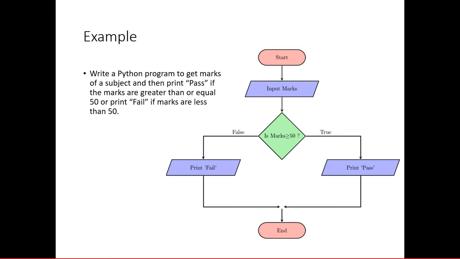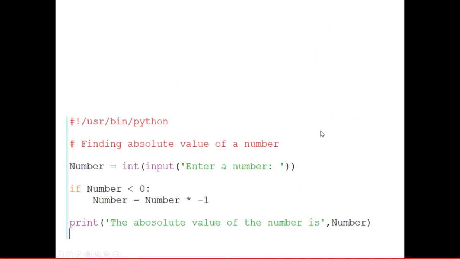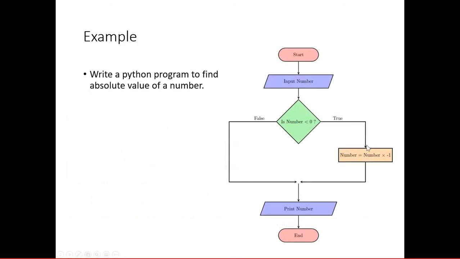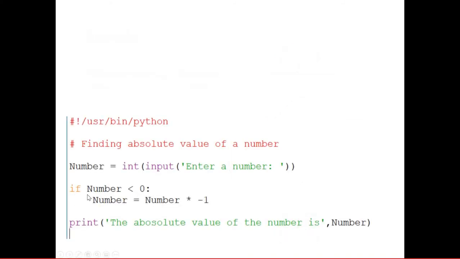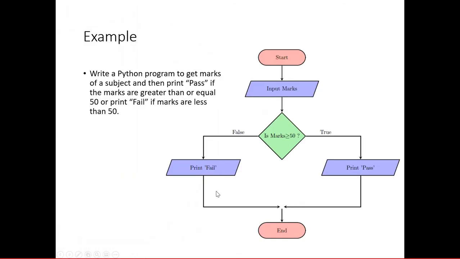Now earlier we had only one side. What do you mean by one side? If it is true only, you are going to have something. If false, you are not going to do anything. So which means we had only if. The next one is you have to have else. You can have else colon and then you can have the false statement, right? This side. Okay, let's start.